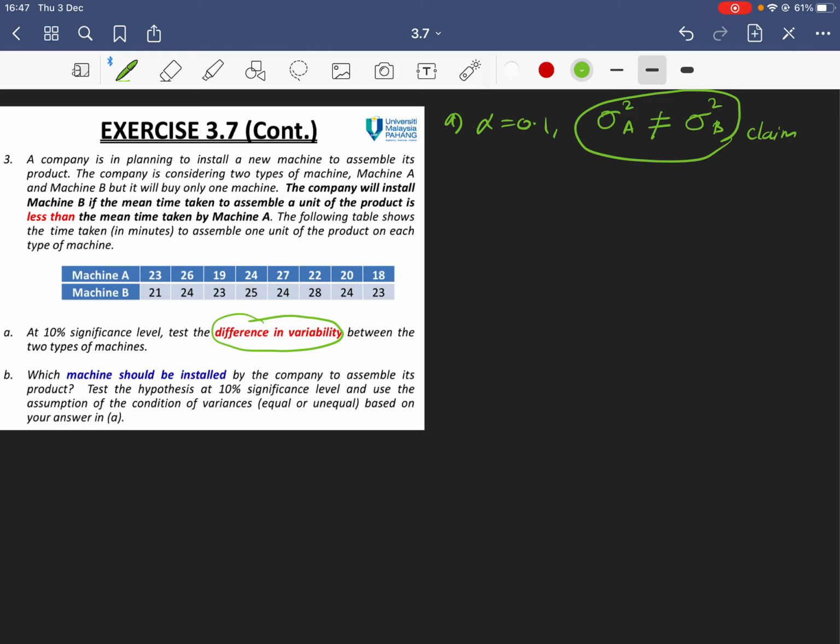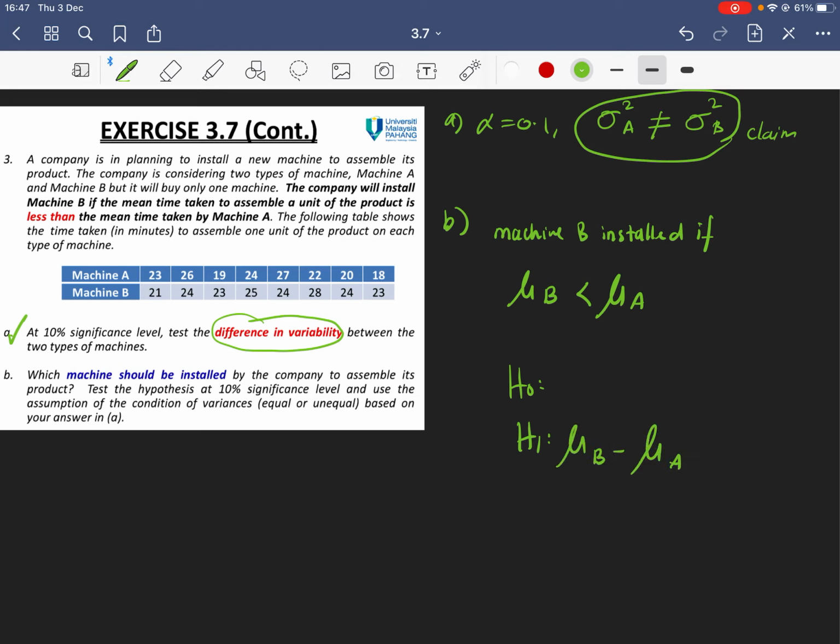This is for A. So for B, which machine should be installed? For B, it talks about the mean. The company will install machine B if mu machine B is less than mu machine A. So H null, H1 here is mu B minus mu A less than 0, and mu B minus mu A greater than or equal to 0.